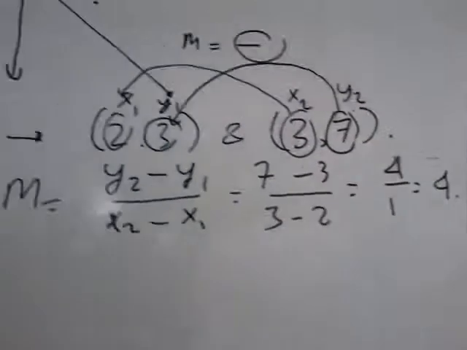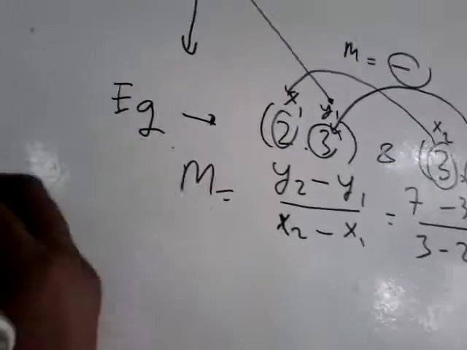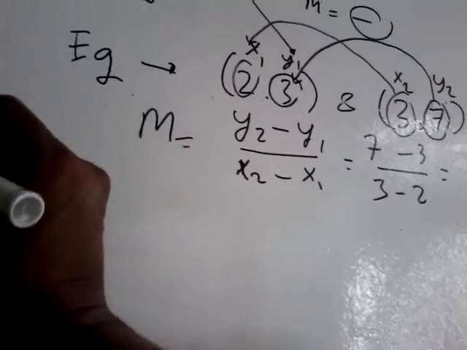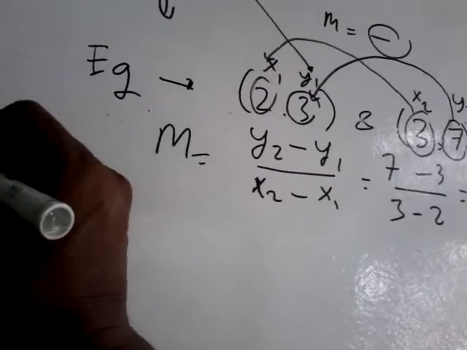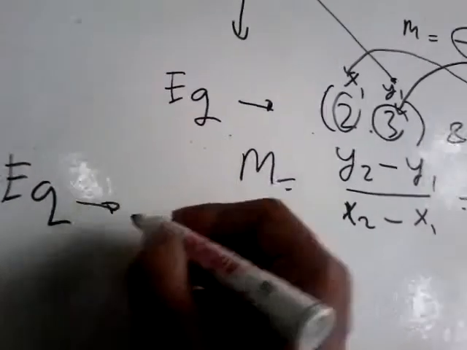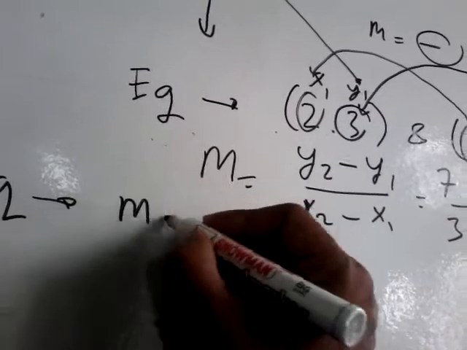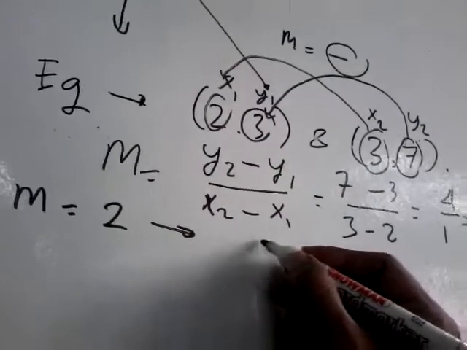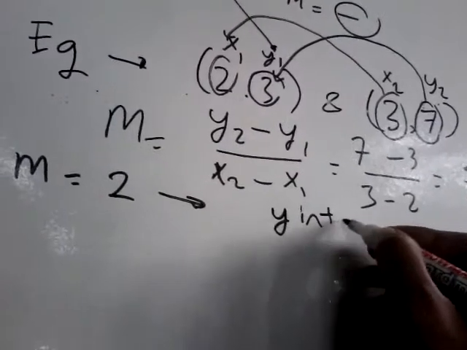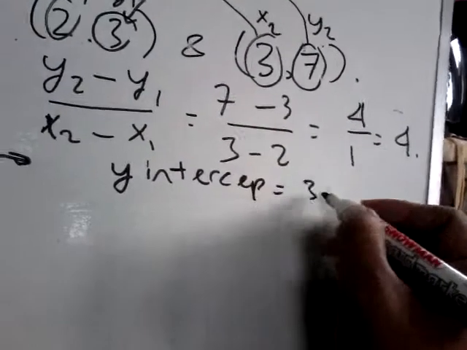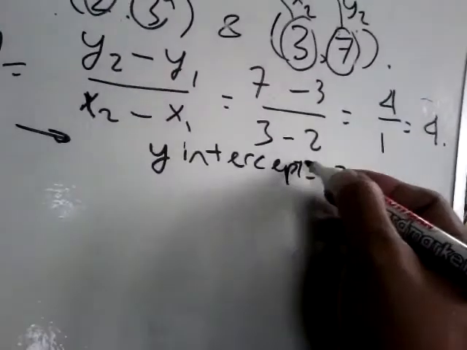Okay. Now, what is the equation if the gradient is 2 and the y-intercept is 3?